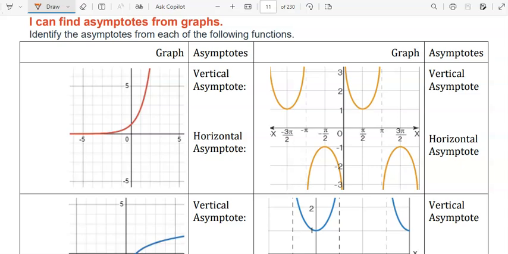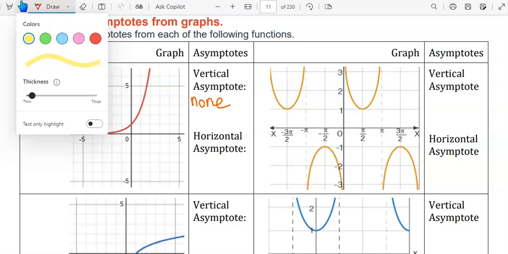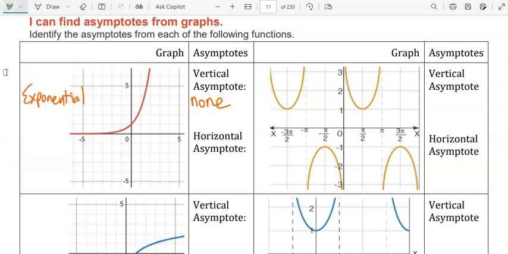On this graph, this is exponential. Vertical asymptote. Well, there is no vertical asymptote, so we're going to put none. Horizontal asymptote.